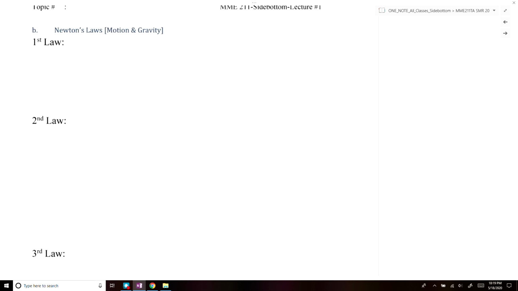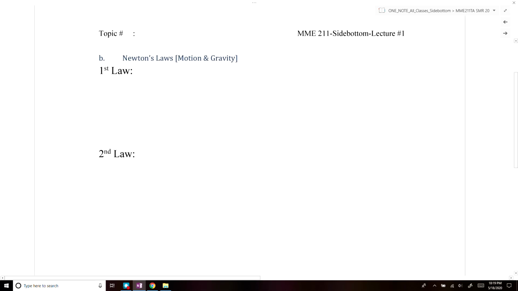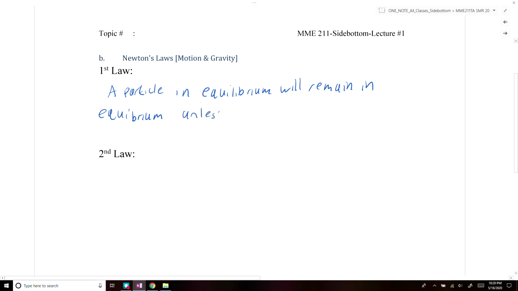without any further ado, Newton's first law states that a particle in equilibrium will remain in equilibrium unless an external force acts upon it.